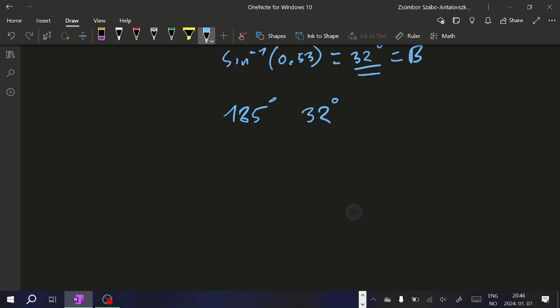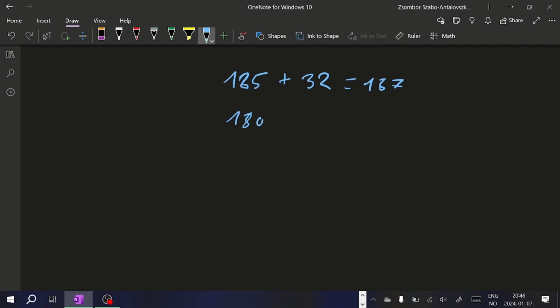That means we just add these two together, so 125 plus 32 gives us 157. Now you can take this 157 and subtract it from 180, and that's going to give you 23 degrees. So that's pretty straightforward too.